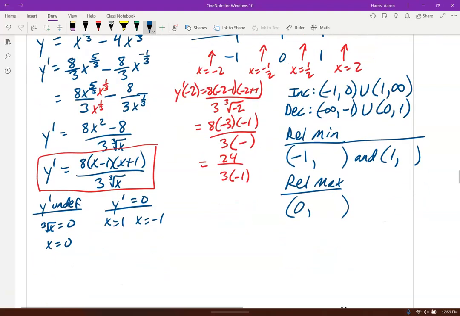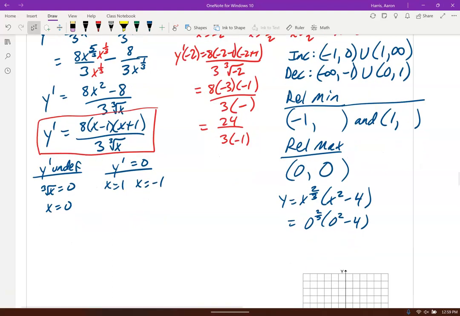x to the 2/3 times x squared minus 4. Well, the 0 is real easy for the relative max. 0 to that is 0. 0 times anything is 0, right? Plug the -1 in. -1 to the 2/3 times -1 squared minus 4.